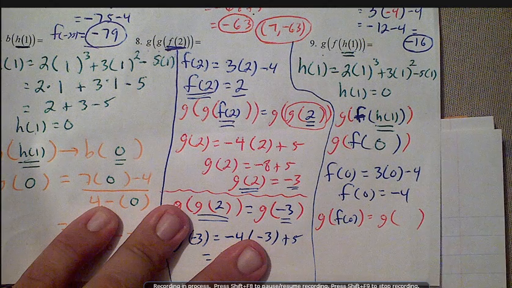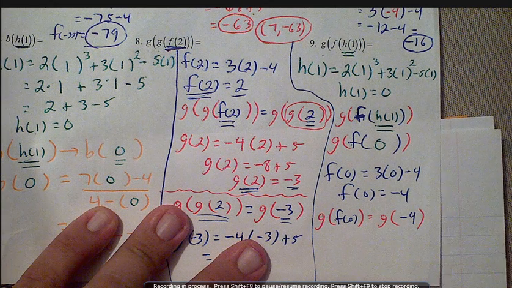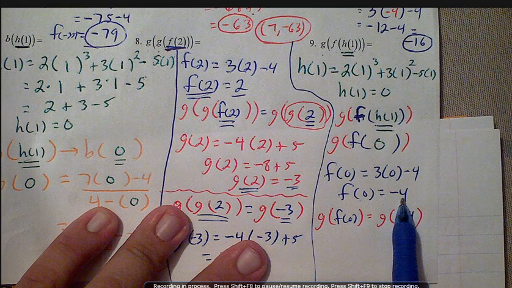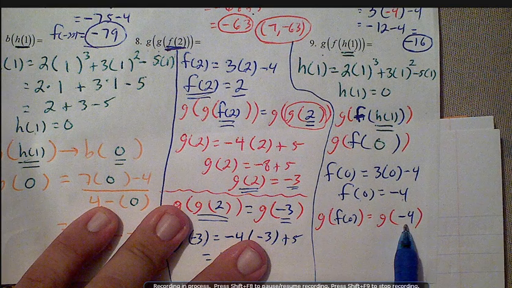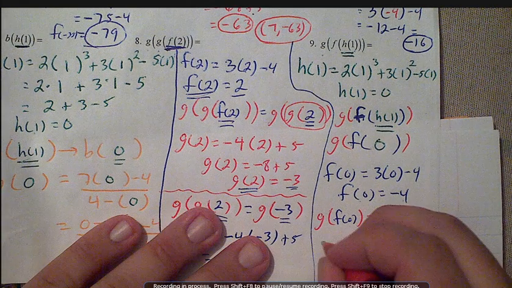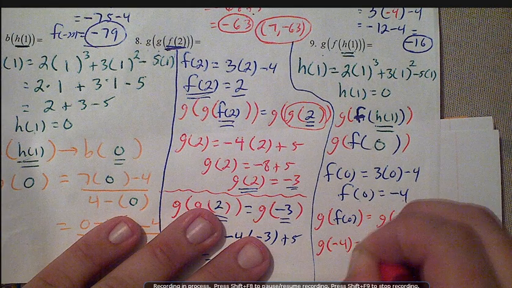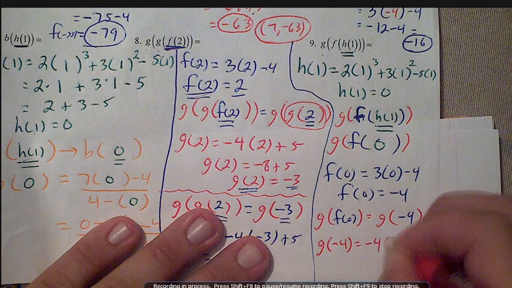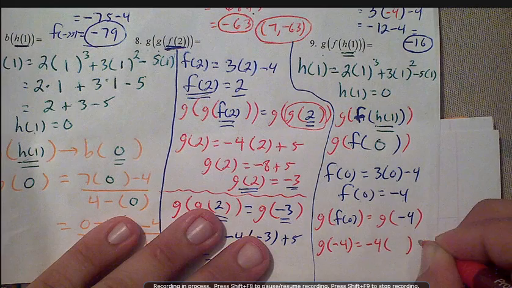So you have negative 4 times x plus 5. Substitute negative 4 in. And you end up getting 16 plus 5, which is going to be 21.